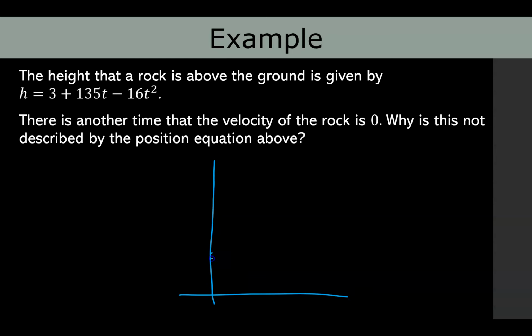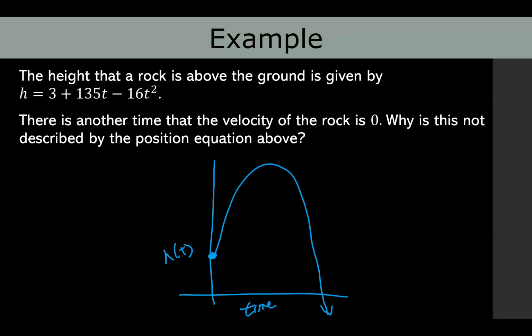So if this is time and this is position, we know this graph is going to be an inverted parabola, but you have to do a little bit of translating in that 3 plus 135t minus 16t squared, if we're not thinking about rocks, has a domain of all real numbers.